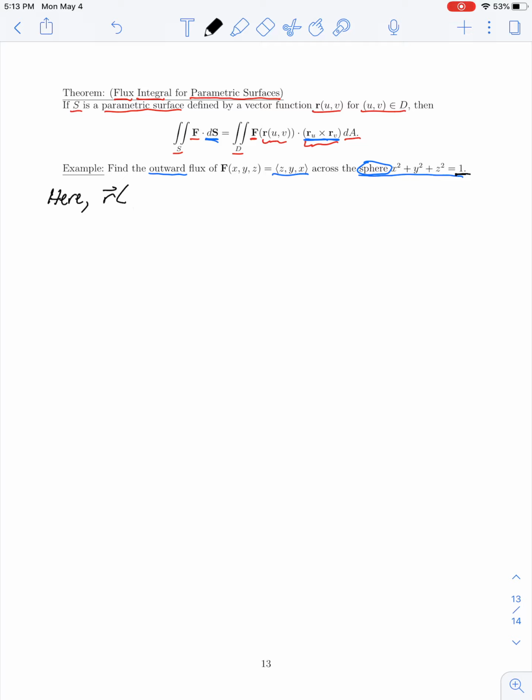So here, our vector function will just depend on the phi and theta coordinates in terms of the spherical coordinate system. So our x component in terms of spherical coordinates is rho, which is 1 here, times sine phi, times cosine theta.